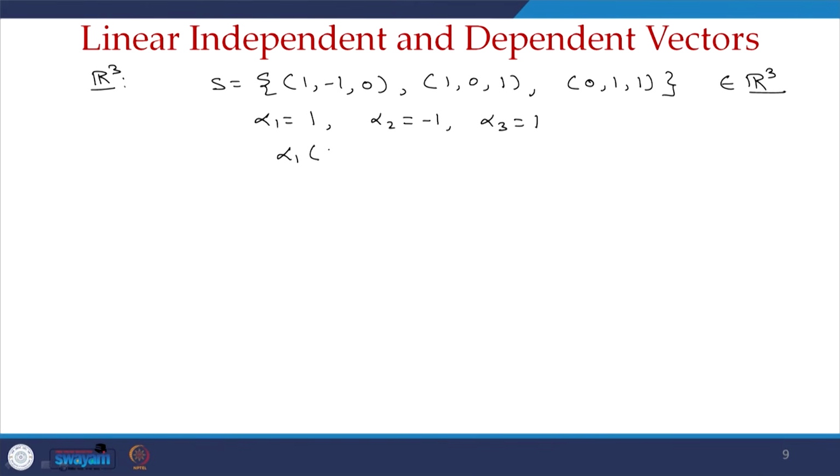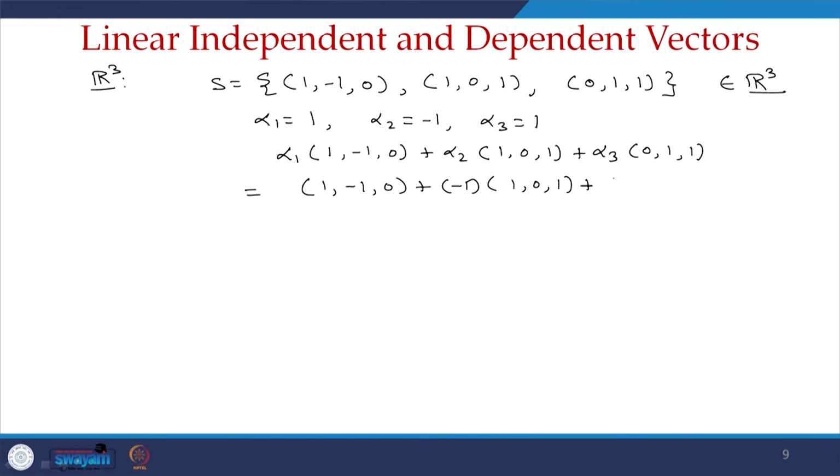Alpha 1 times (1, -1, 0) plus alpha 2 times (1, 0, 1) plus alpha 3 times (0, 1, 1), with alpha 1 as 1, alpha 2 as minus 1, and alpha 3 as 1, comes out to be 0, 0 and finally 0.